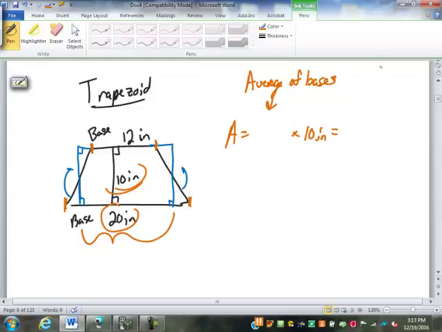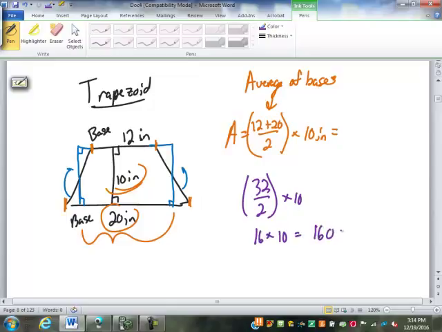So to average something, you add them together, 12 plus 20, and you divide by 2. So to find the area of a trapezoid, you average the bases, and then you multiply by that height. So 12 plus 20 is 32. 32 divided by 2 is 16, times 10 is 160. Those are in inches, so that is inches squared, or square inches.